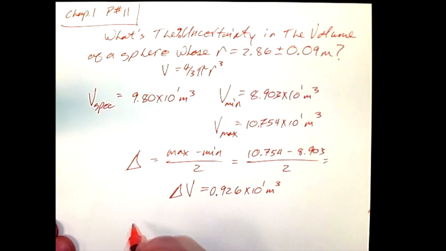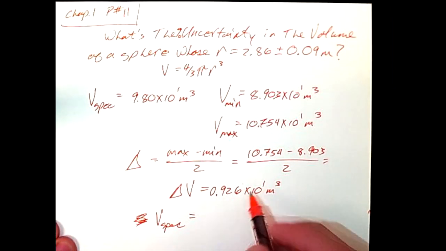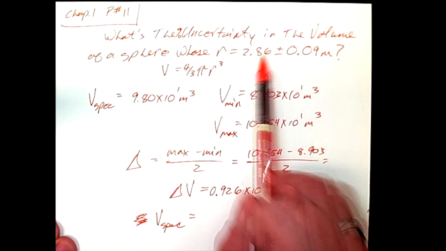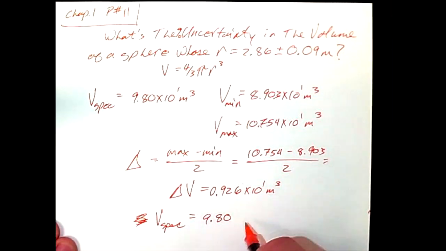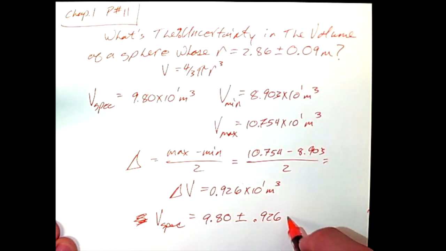So I'm going to report my specific value, the final measurement of the volume, as being equal to the specific value I calculated above with proper significance based on the rules from the radius. So I've got 3 significant digits of 9.80 plus or minus 3 significant digits here of 0.926 times 10 to the first meters cubed.